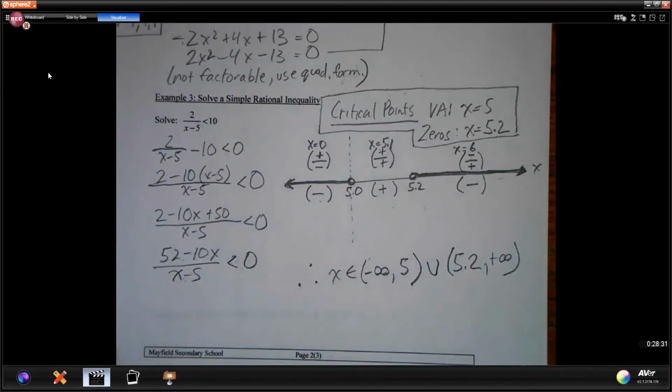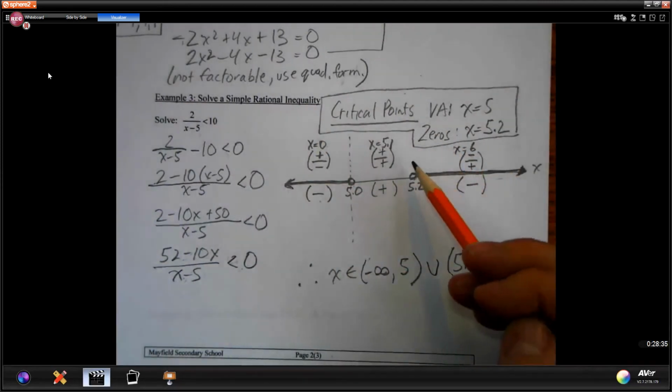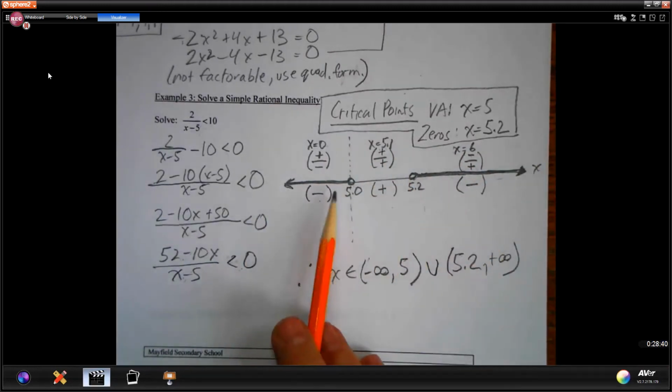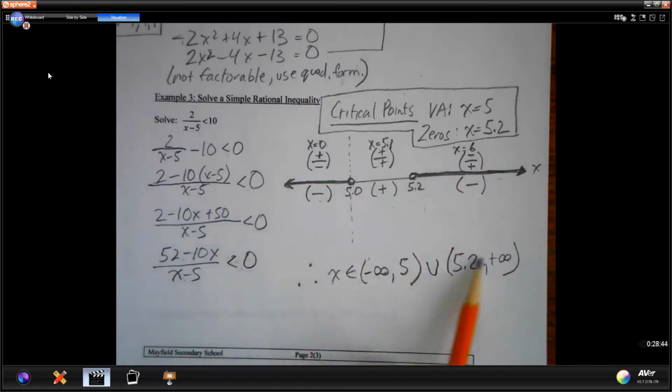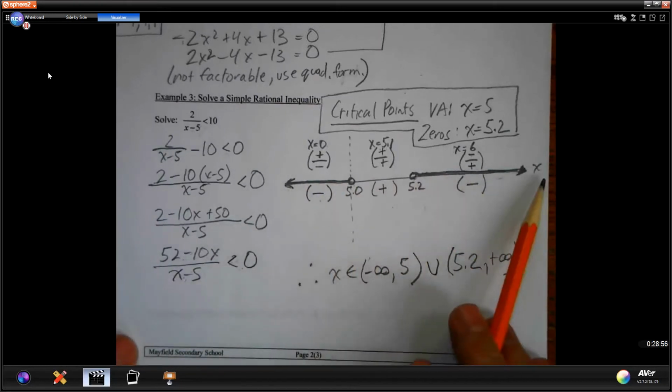So there's my solution. Hopefully you remember at this point how the number line, creating your intervals and your interval testing gives you a nice easy solution. One of the other options is to look at all the cases, but I just find that so complicated, and this is so much easier to see what's going on.